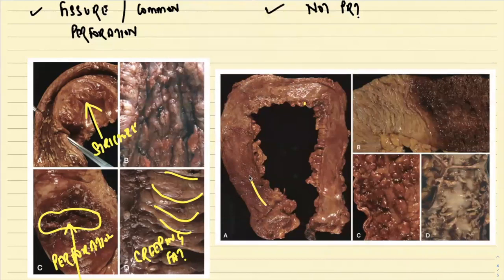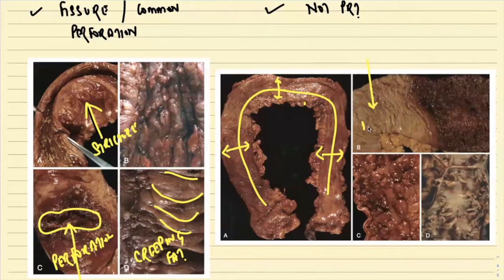Unlike Crohn's disease, the thickness is maintained. There are no strictures whatsoever. Another important thing, as I explained, is that there is a clear-cut demarcation: this is the normal mucosa and this is the abnormal mucosa.